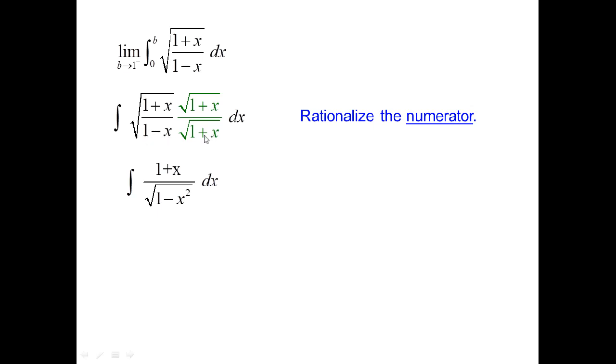We're just multiplying what's inside. So 1 minus x times 1 plus x gives me 1 minus x squared. That is not a perfect square, so do not take the square root of that. So what that gives us then is we can actually split this thing up. That is a single term on the bottom that we can divide into the 1, and we can divide into the x, and we get these two things right here.